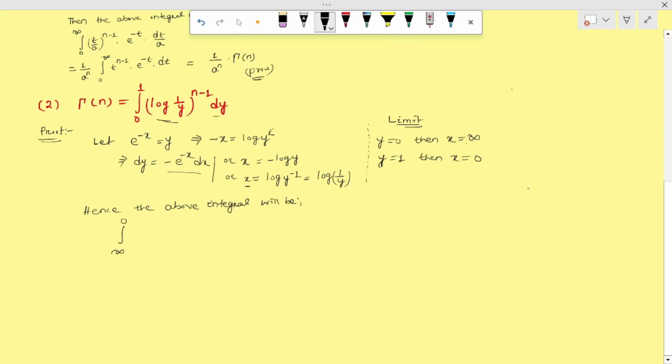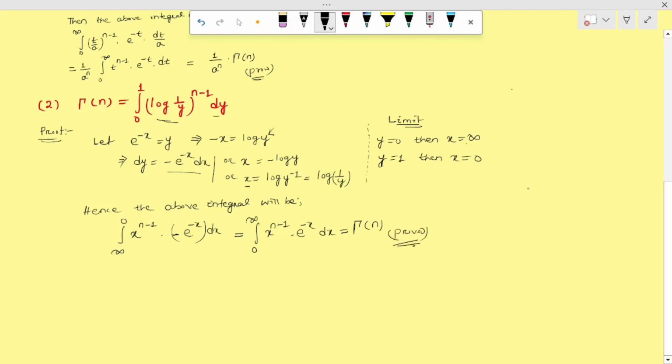Log 1 by y will be written as x to the power n minus 1, and dy is nothing but minus e to the minus x dx. When this minus is moved outside the integration, the limits will be changed. So here, 0 to infinity, x to the power n minus 1 into e to the minus x dx is nothing but your gamma n. Hence proved.